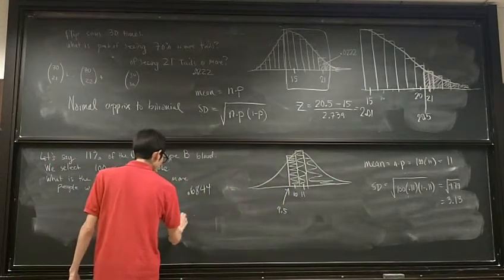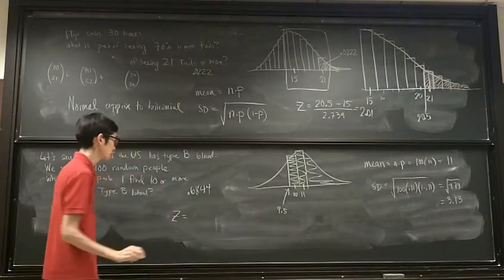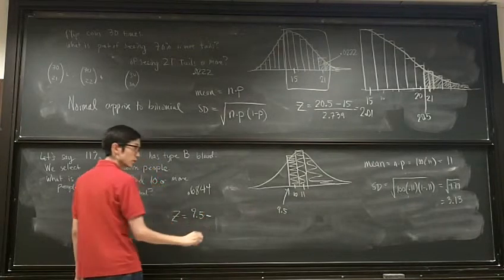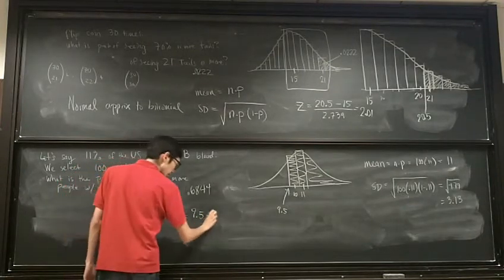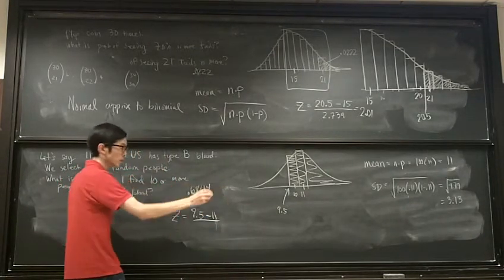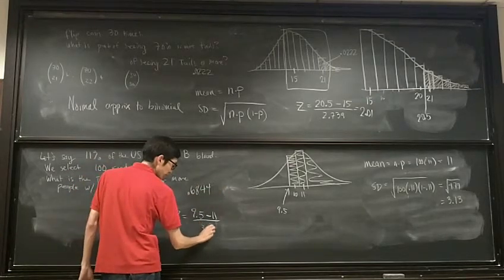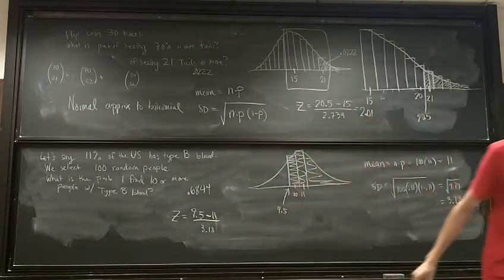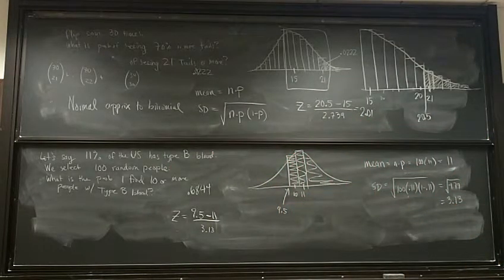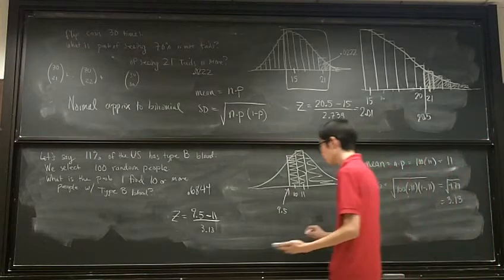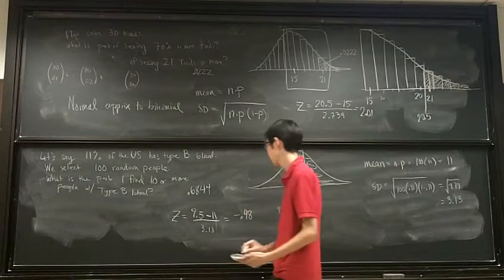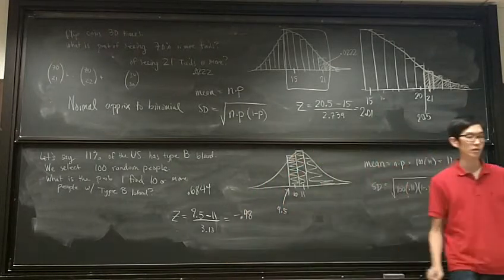So what is my z-score going to be? 9.5 minus 11, which is my mean, divided by 3.13, or 3.1288, or whatever number you have. So I have a z-score of negative 0.48. Is that good?